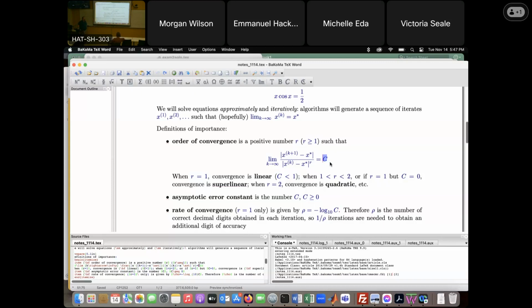Whereas if c is a very small number, not far away from 0, then linear convergence is still not the best, but with a small c, the error is still going to 0 pretty quickly. So that's desirable. In some cases, we might modify a linearly convergent method to improve the value of c, to make it smaller.